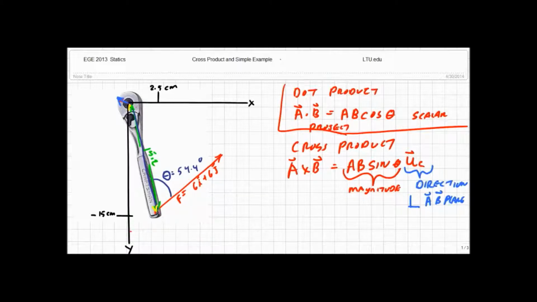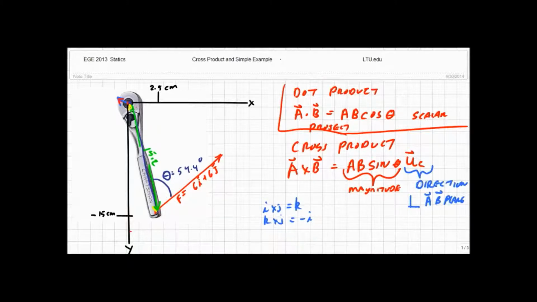Now, as you see, we're using a sine instead of a cosine, so that means that, for example, a few quick ones, I cross J is equal to K. K cross J is equal to minus I. Again, from our right-hand rule, going from K to J, we're going clockwise, and that gives us a minus sign on our vector, which is at right angles.